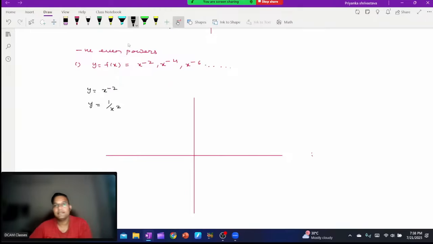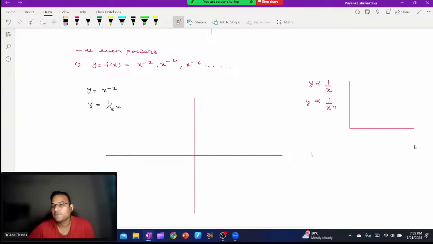So here let me tell you one thing, Haripriya and everyone. If you have a graph of this kind, y is proportional to 1 by x, y is inversely proportional to x, or x power n, always remember, these kinds of graph are like this. These are known as rectangular hyperbola.